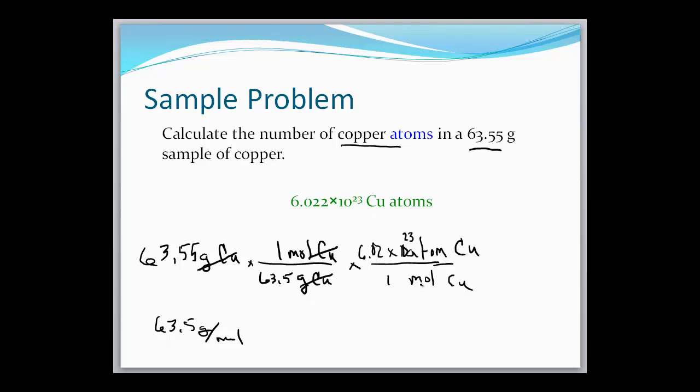So our moles cancel, and when we do the math, we have atoms as our unit. So as you can see, 63.5 divided by 63.5 is just 1. So our answer is actually going to be Avogadro's number, and again, that's coincidence. It's just the way the problem was set up.